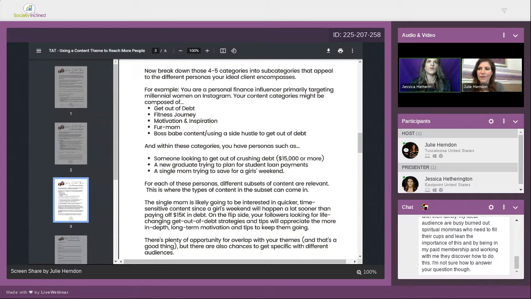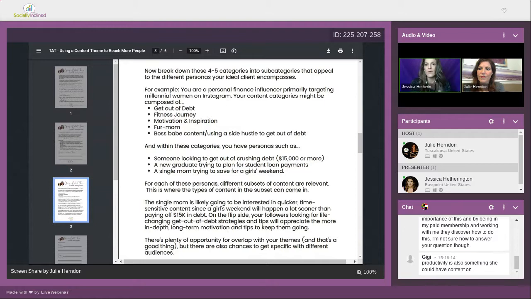So any kind of postpartum journey or empty nest journey, anything that could relate to what you're doing could be part of your content theme. But right off the bat, I would say, yeah, for sure, productivity. A daily affirmation. Just to get up and speak to how the day is going to be.